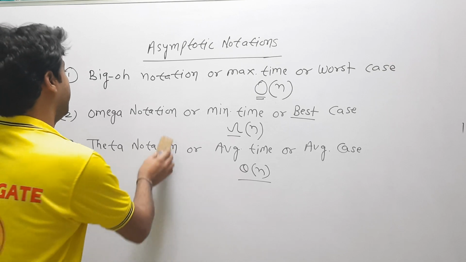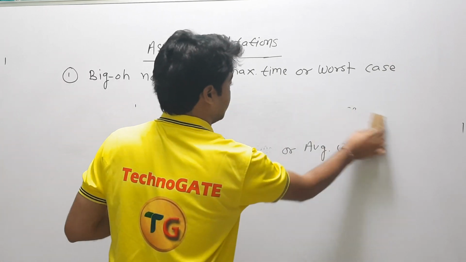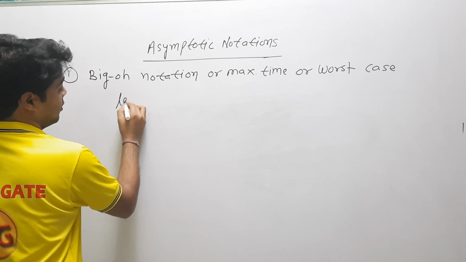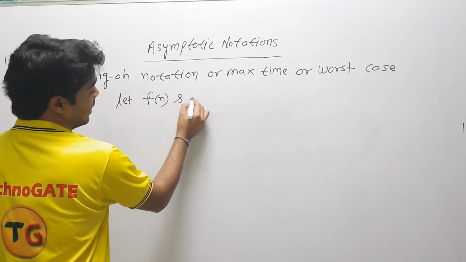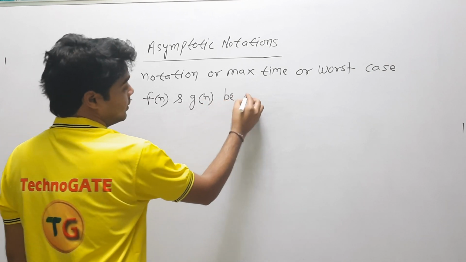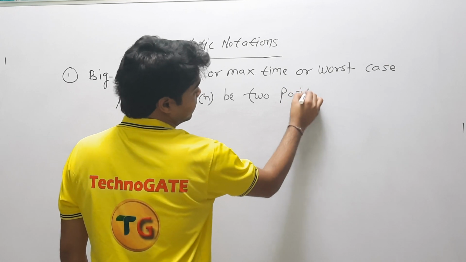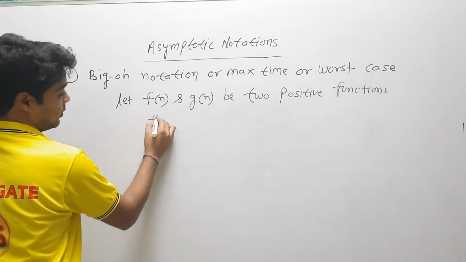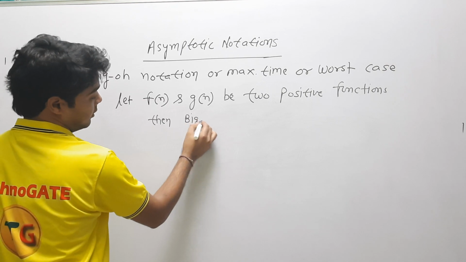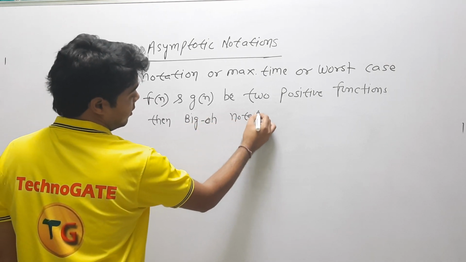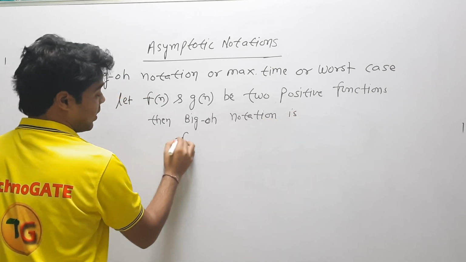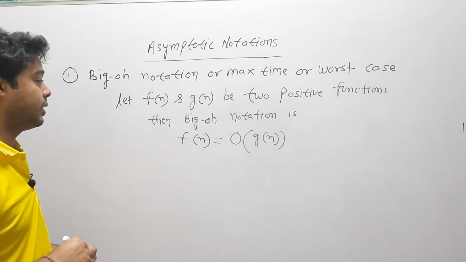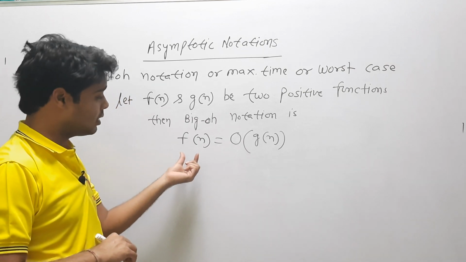So first of all, big O notation. Here, let Fn and Gn be two positive functions, then big O notation is: Fn is big O of Gn.